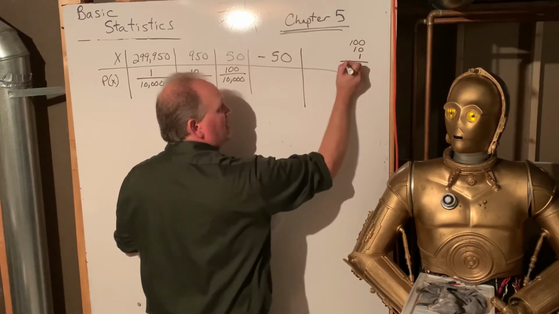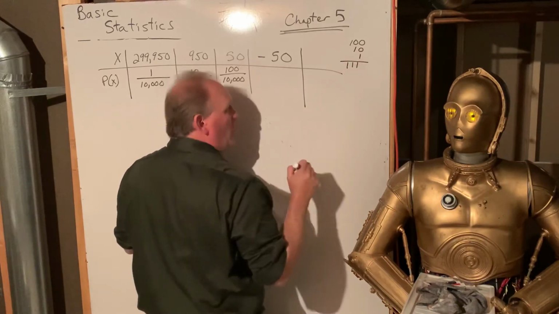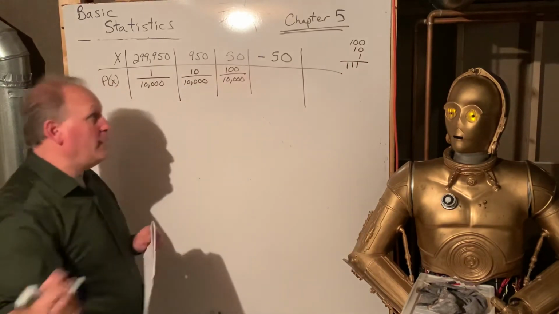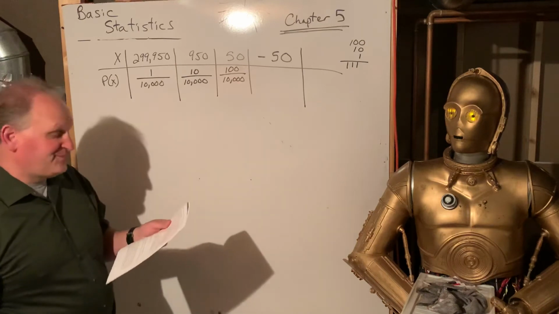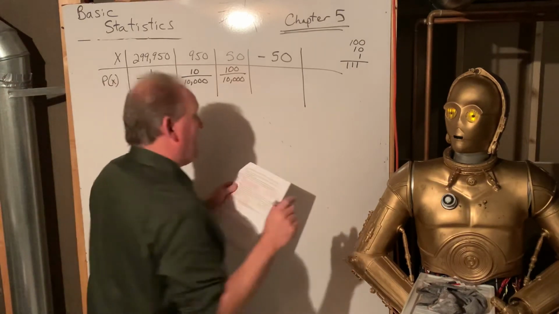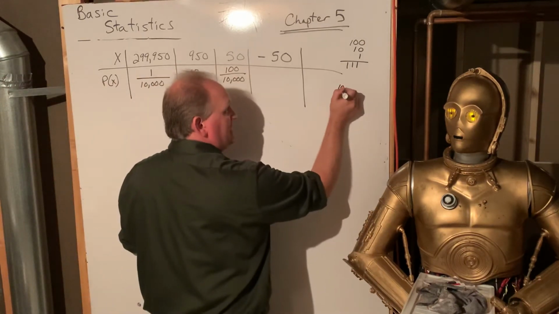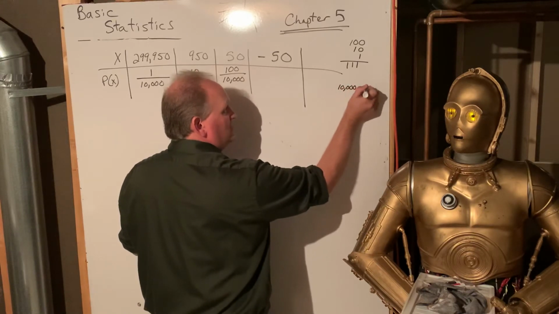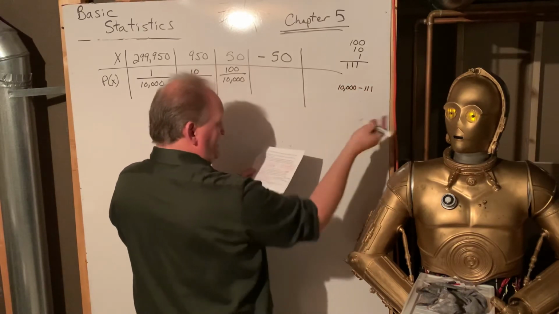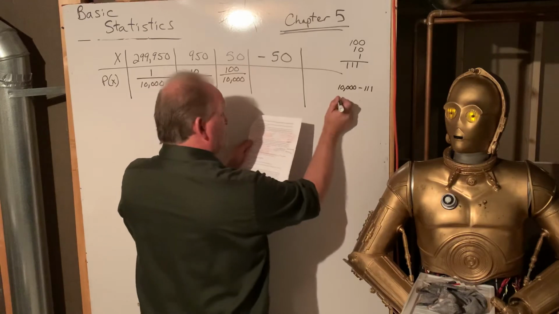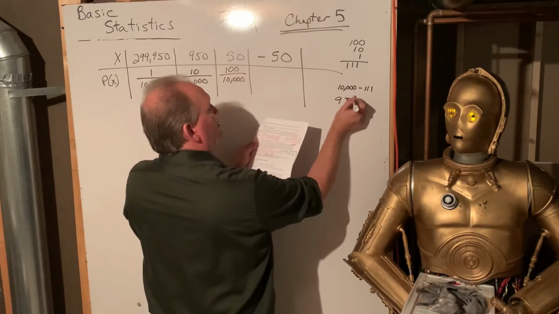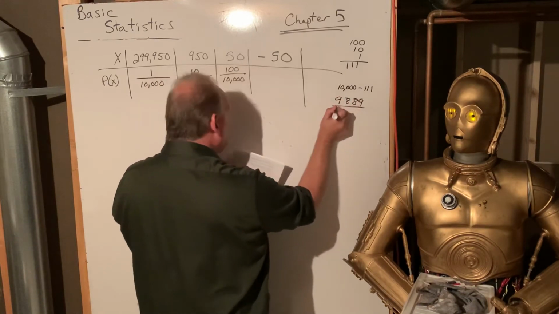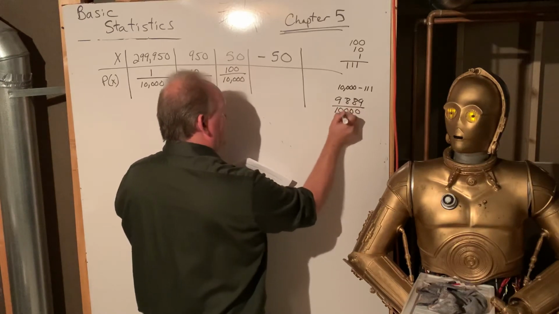That means there are 111 ways that you could win this game. There are then 10,000 tickets minus 111 winners. That means the rest are losers. So there's 9,889 losers out of 10,000.